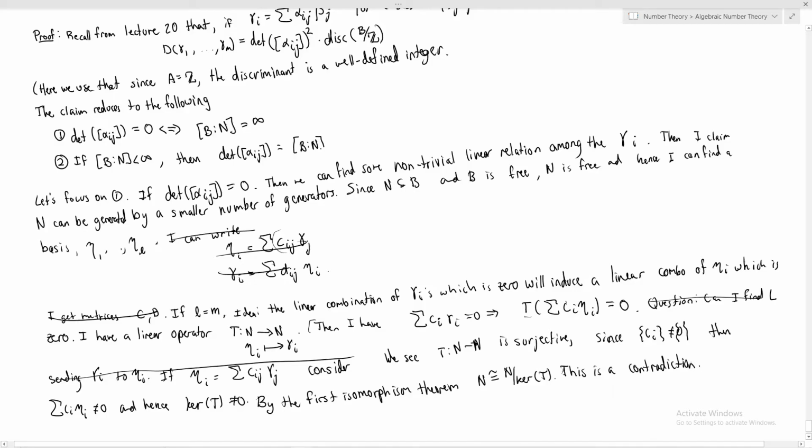I think the easiest way to see this is basically by the structure theorem for finitely generated, or for, yeah, this is a contradiction by the structure theorem for free modules.